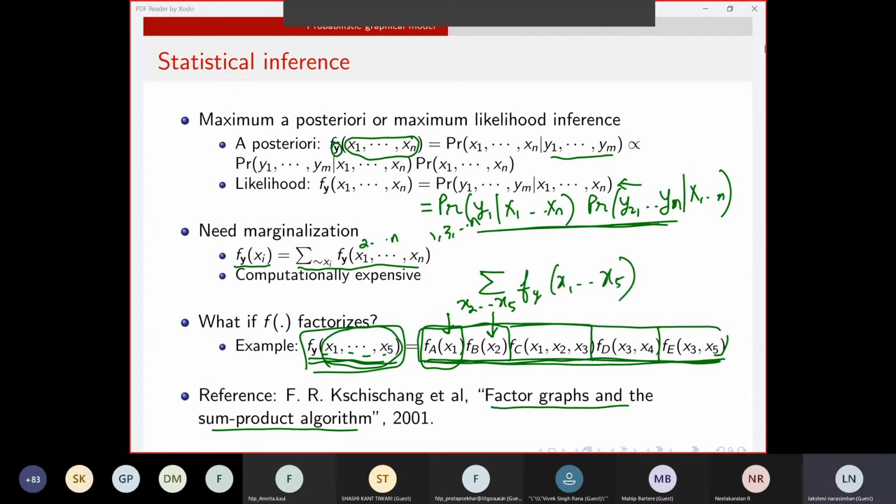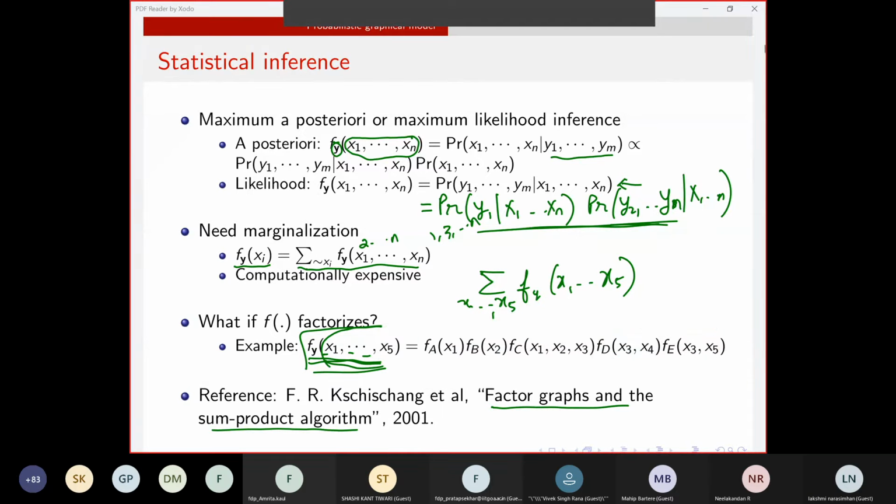Okay, so here I'll put a summation over x2. Let's clean this up. I'll just put a summation here, x2 to x5. The first term, this function fp, is affected by the summation only with respect to the variable x2, whereas this is affected with respect to variables x2 and x3, this is x3 and x4, and this is x3 and x5.